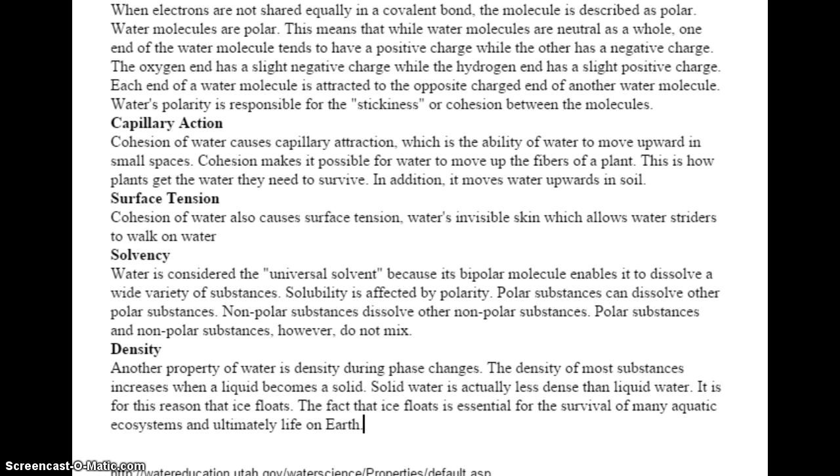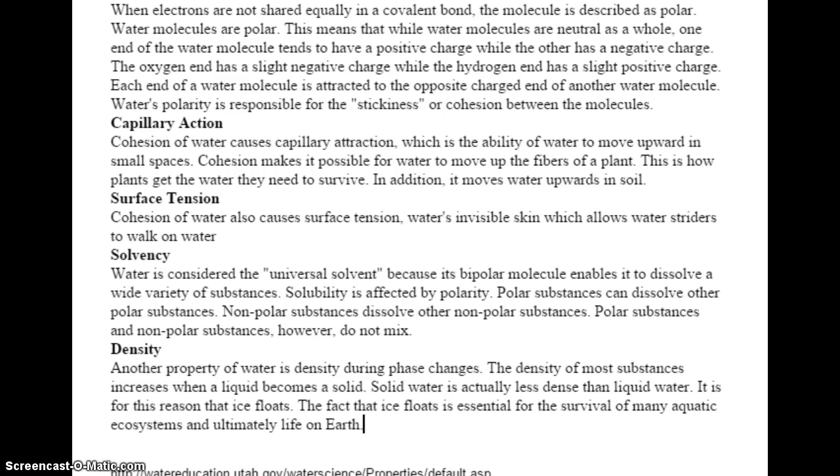And another property is solvency. And water is considered the universal solvent because its bipolar molecule enables it to dissolve a wide variety of substances, and solubility is affected by polarity.